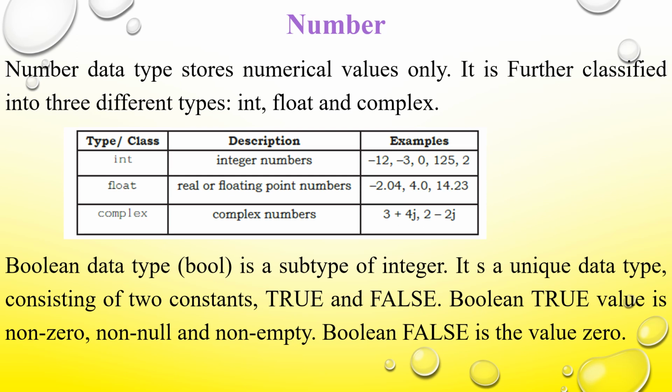And a Boolean false means its value is 0. Other than 0 is true. If it is 0, then it is false. Now we shall see the example of these kinds of data types in the Python programming language.